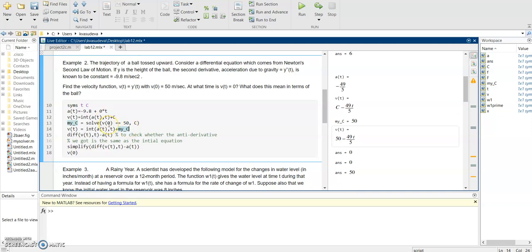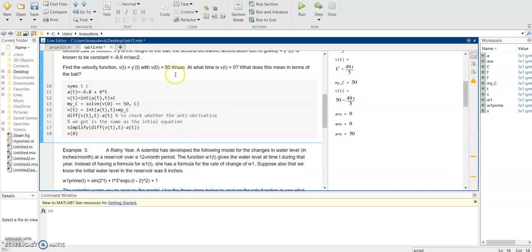If my antiderivative and the actual function are the same, then it's fine. So take the derivative of v of t. If you take a derivative of v of t, you will go back to your acceleration, a of t. So I have a 0, then if I simplify with 0, v of 0 is 50.